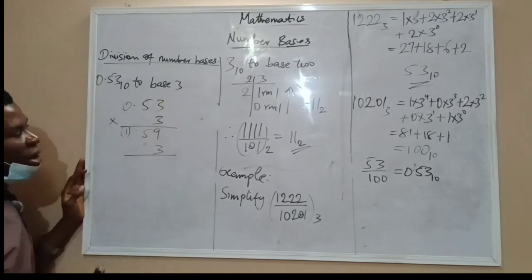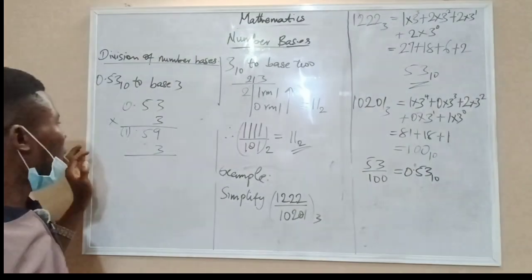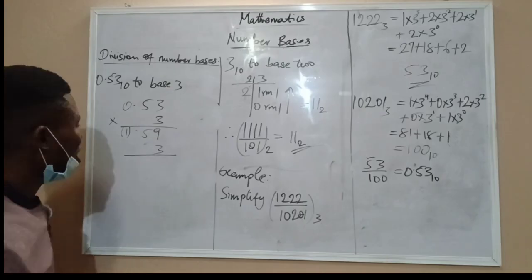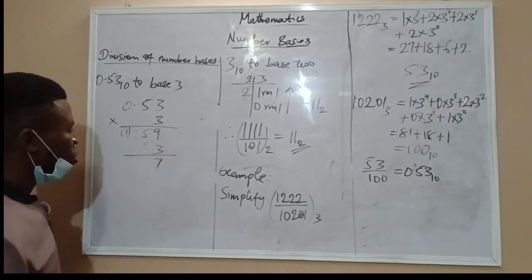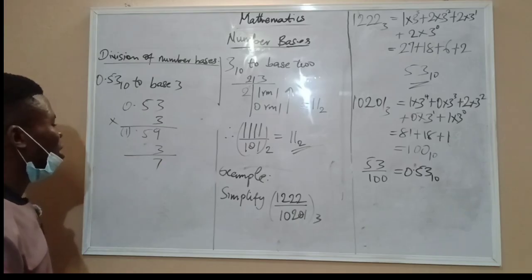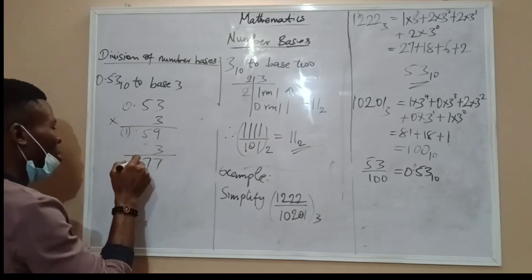Now this one now, 3 times 9 is what? 27, am I right? It's 27. Yeah, 27. Then we write 7. Then we hold 2. Then 3 times 5, 15. 15 plus 2 is 17. We write 7. That's the one that crosses this side.